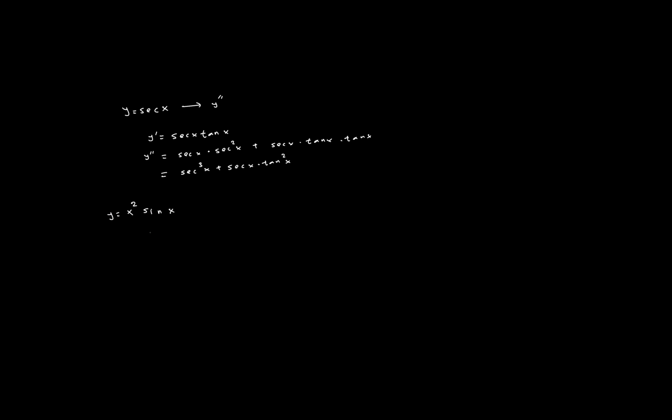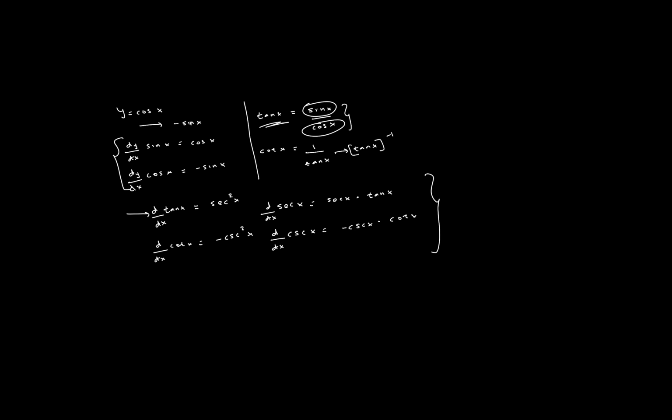Similarly, we use the product rule: 2x times sine x plus x squared times the derivative of sine x, which is just cosine x, and that is equal to y prime. Pretty simple stuff. The main part of all of this is just remembering all of these formulas, and you should be good.